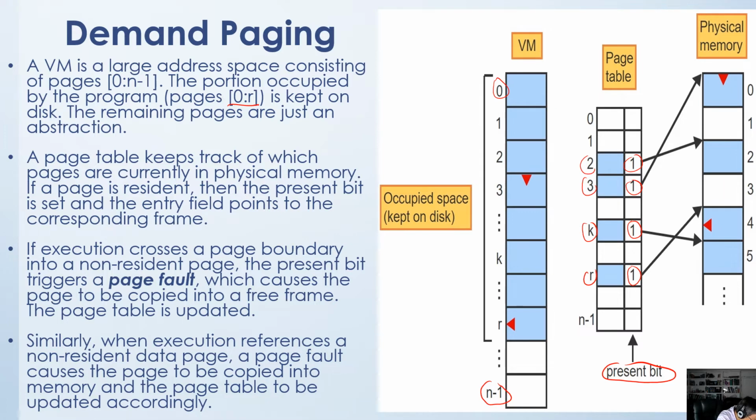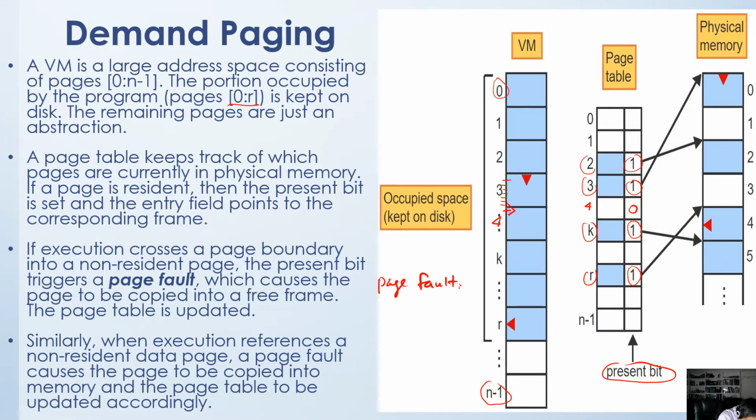Now, if the execution crosses the page boundary, so for example, if we execute page number 3, suddenly we cross the boundary, so we actually run into page number 4. And for number 4, we find out, okay, the present bit is 0. So it's not in the memory. It's not resident in the memory. So now what happens? The page fault happens, right? Now page fault is an interrupt.